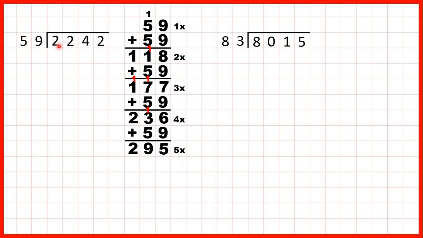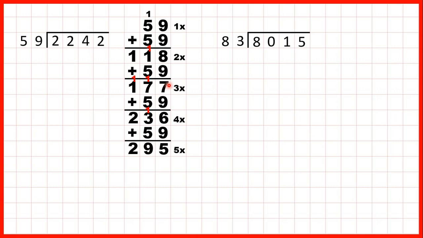Taking the first 2 digits together, we have 22 divided by 59. But 22 is less than 59, so let's take the first 3 digits together and divide 224 by 59. So we need a number in the 59 times table which is close to 224, but not more than 224.